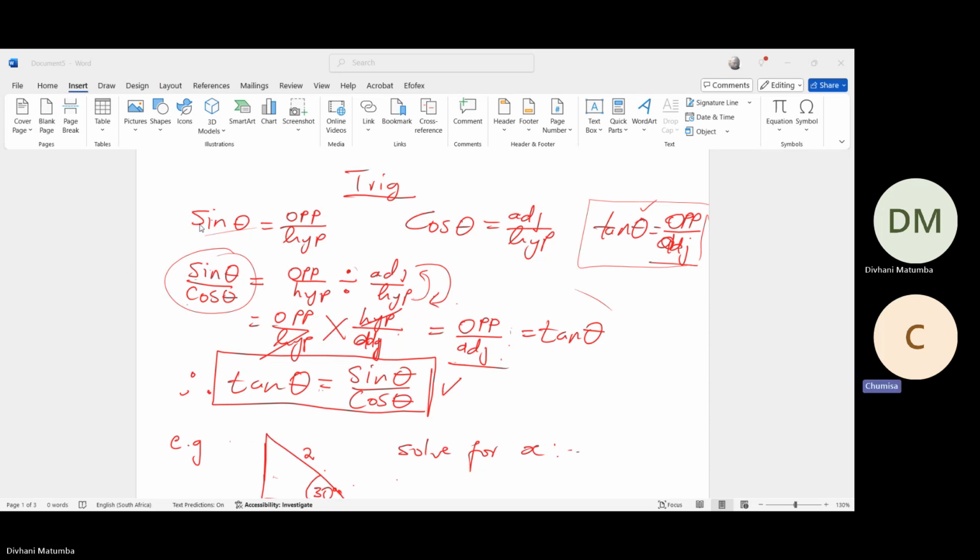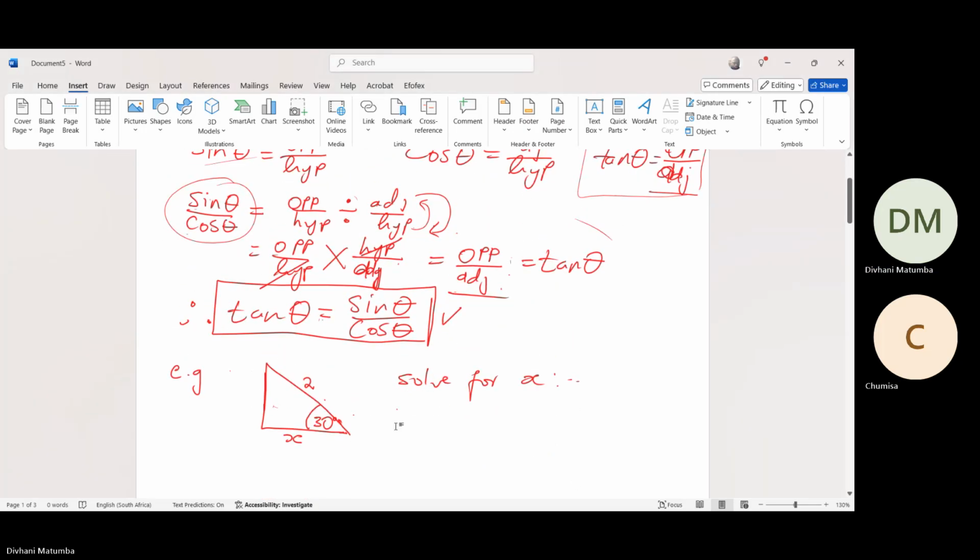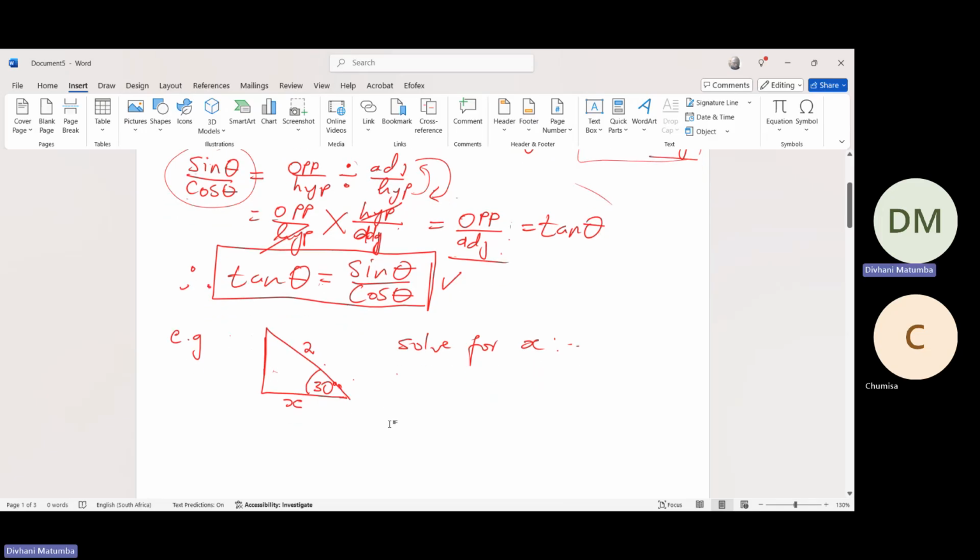We're gonna use the sine of theta. Let's see. Why are you using the sine? This is the angle. This side is our opposite.